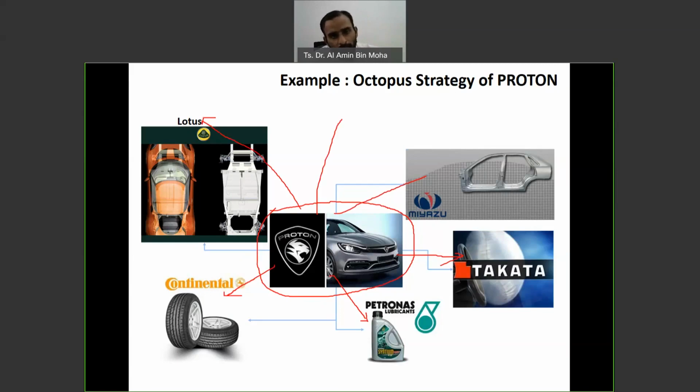So Proton is not doing everything. So this is what we call the octopus strategy.